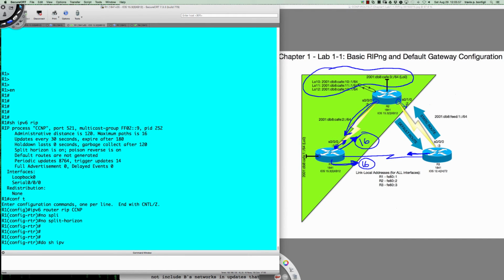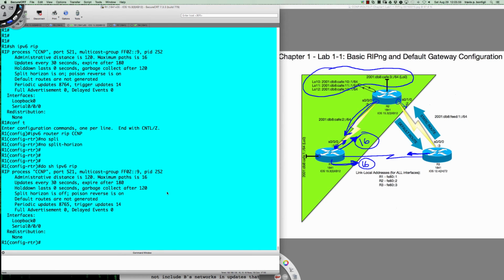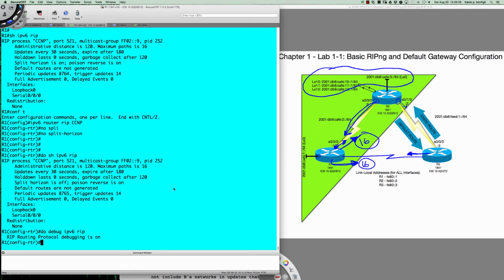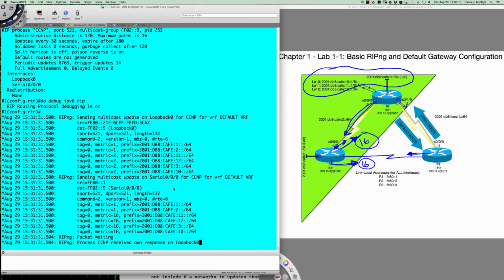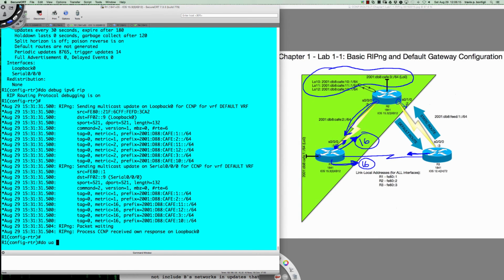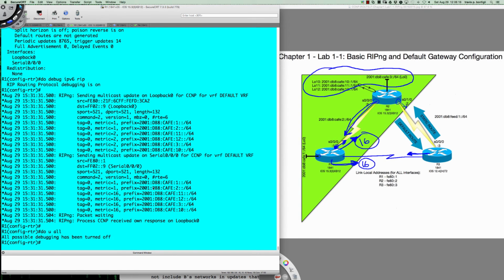So do show IPv6 RIP, now I've turned off Split Horizon, right? So let's do our debug. Do debug IPv6 RIP, and we'll see our updates come in, and let's see, does this change anything? And we can actually stop right there if I can get it quick enough.